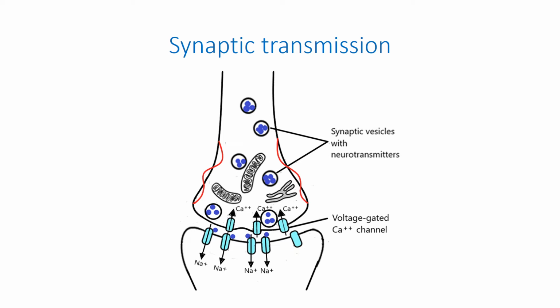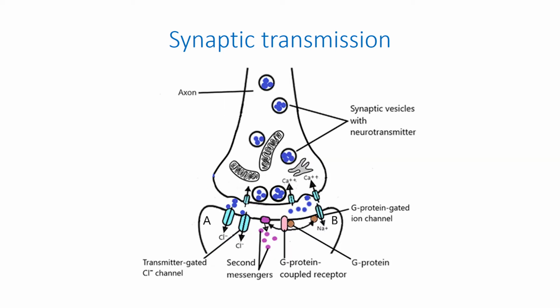For example, the influx of sodium ions causes local depolarization of the postsynaptic membrane and can generate nerve impulse in the postsynaptic neuron. Such synapse is called excitatory. The influx of chlorine ions leads to hyperpolarization of the postsynaptic membrane, making the generation of an action potential impossible. This is the inhibitory synapse.